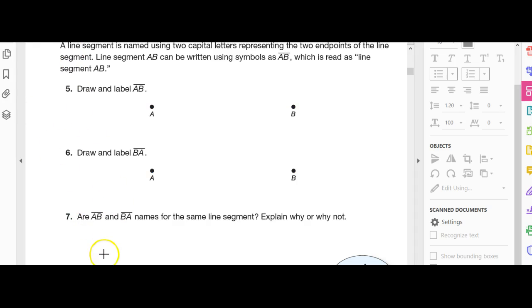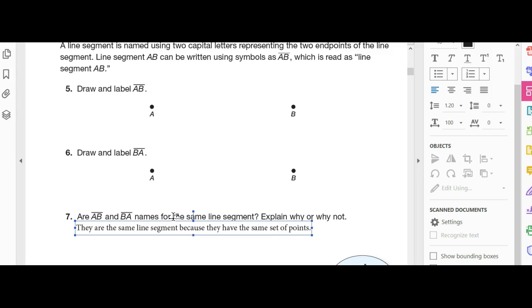So they are the same line segment because they have the same set of points.